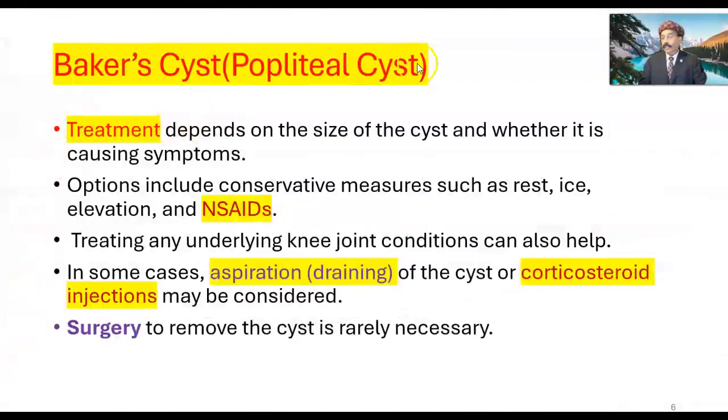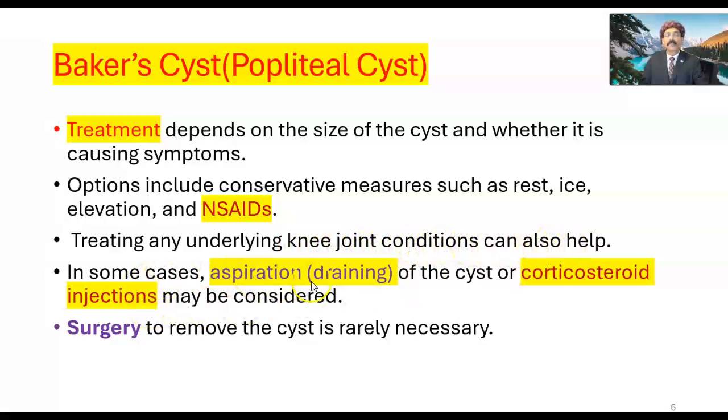Treatment depends on the size of the cyst and whether it is causing symptoms. Options include conservative measures such as rest, ice, elevation, and non-steroidal anti-inflammatory drugs like ibuprofen. Treating any underlying knee joint condition like rheumatoid arthritis or osteoarthritis can also help.